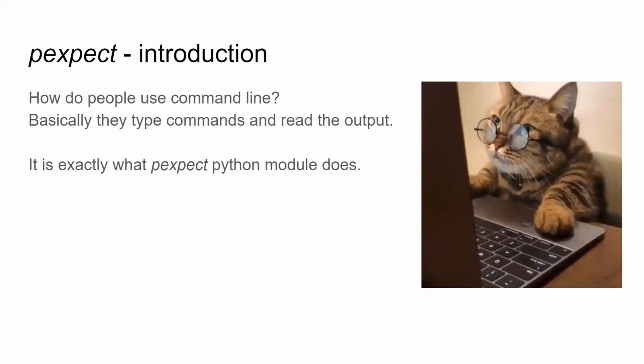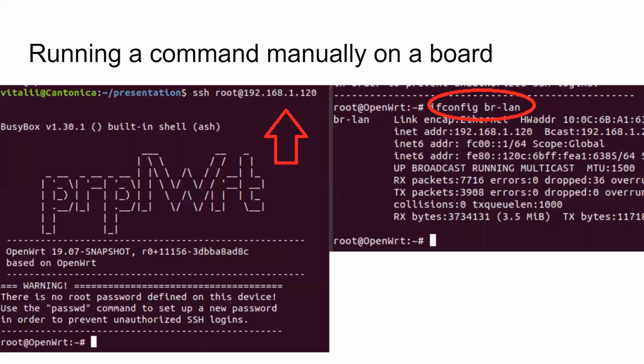Why do we need it? Basically, we, as humans, type some programs in the terminal and read the output, and then type the next command depending on the output. So it's the same that this module does.